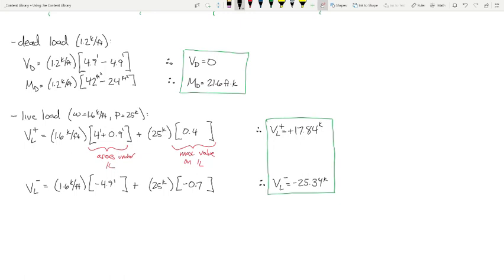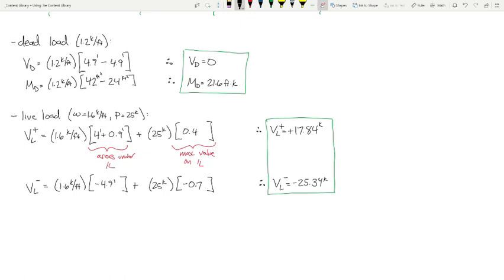there are some instances with moments where the positive moment will be a value and the negative moment will be 0. So for example, if you have a simply supported beam and you're trying to find a moment envelope, the moment envelope that's negative will always be 0 because there's no way that you can place a downward load on the beam anywhere and cause it to frown.